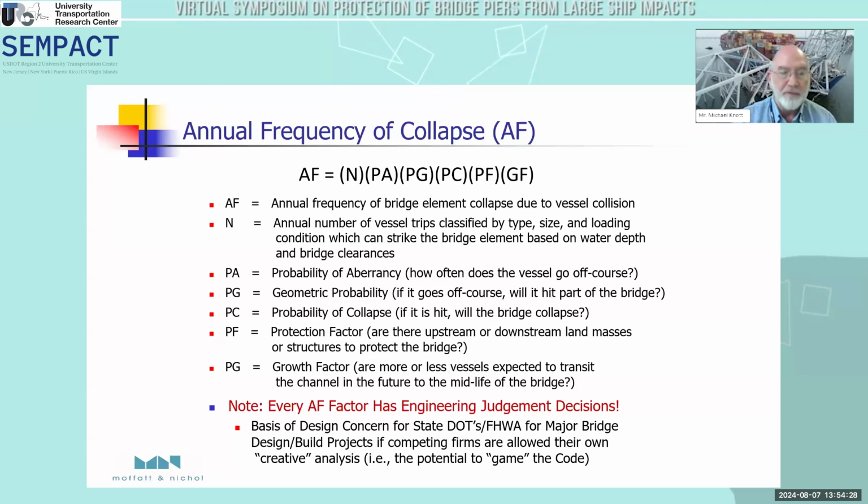In a design build situation with competing firms all wanting the least cost project, it's a race to the bottom. What I'll call creative analysis is used to make the least conservative assumption of every portion of the judgment factors that go into these equations, and the code itself can be gamed to get a result that may not be in the public interest.